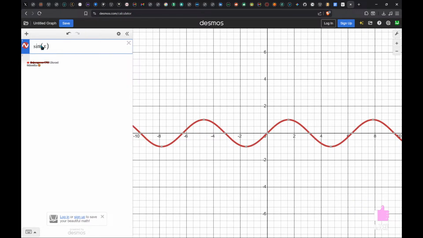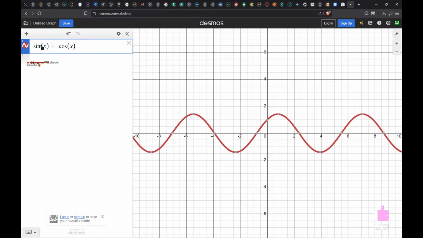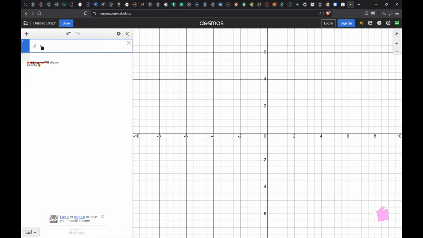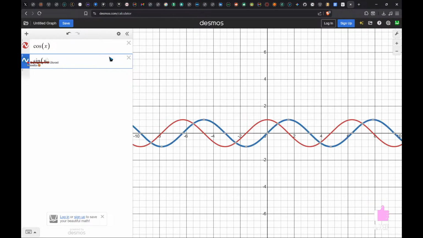The zeros of the cosine function never intersect with those of the sine. Look at the difference between sine and cosine.